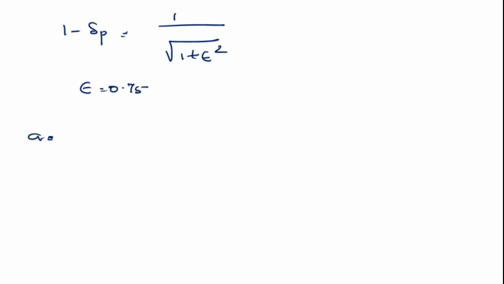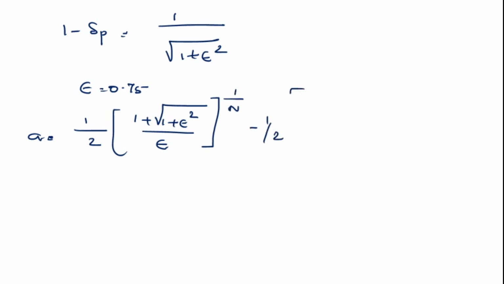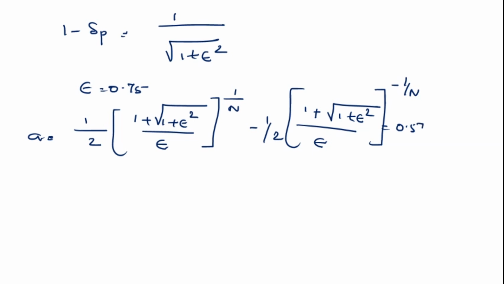We know that 1 minus delta p is equal to 1 divided by root of 1 plus epsilon square, or epsilon is equal to 0.75, and we have to calculate the value of a. a is 1 by 2 into (1 plus root of 1 plus epsilon square, by epsilon) to the power 1 by N, minus half into (1 plus root of 1 plus epsilon square, by epsilon) to the power minus 1 by N, which is equal to 0.57735.